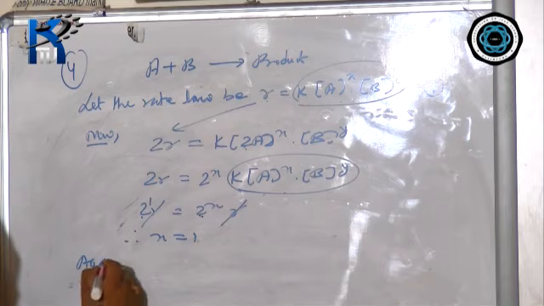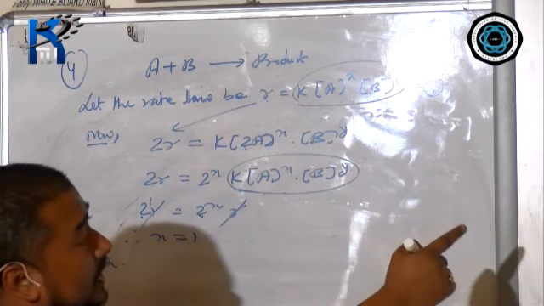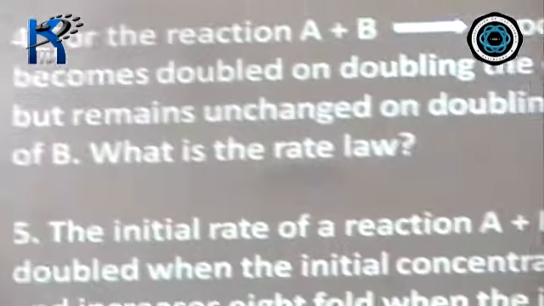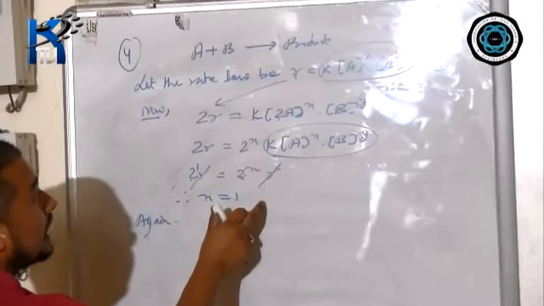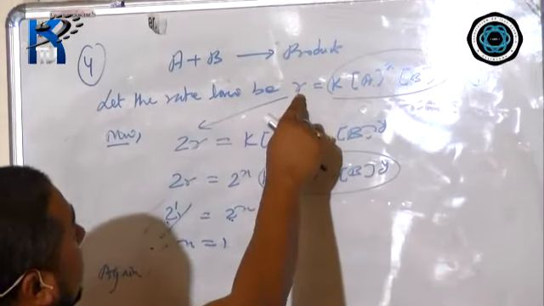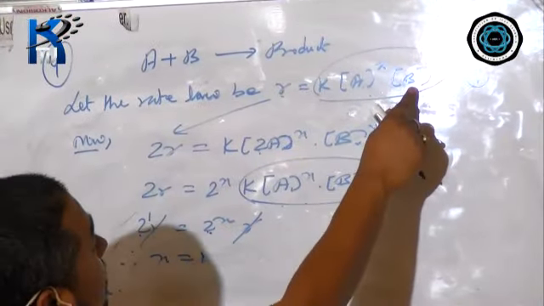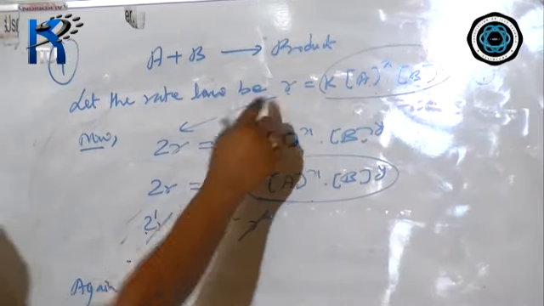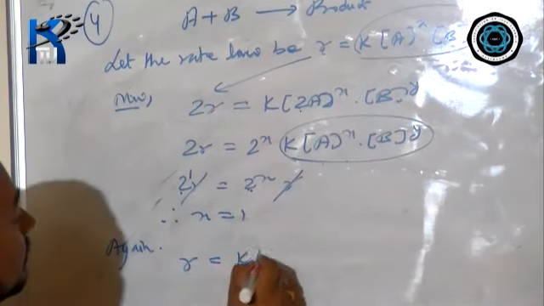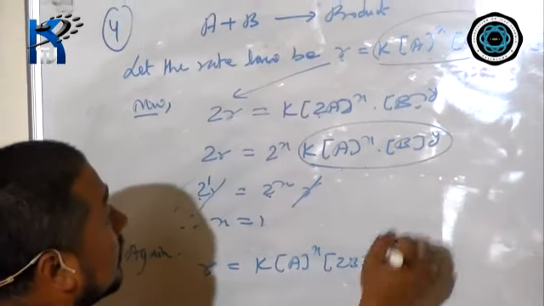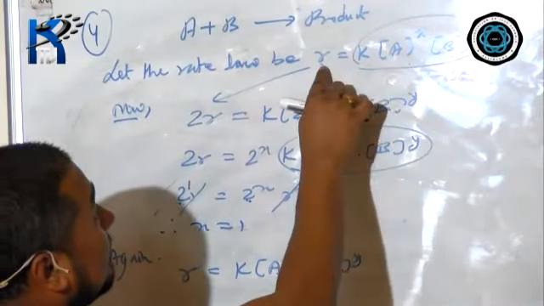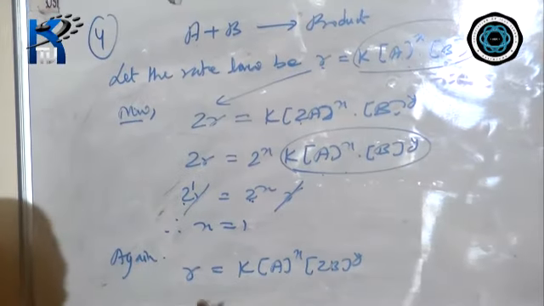Again, now what the question is saying, the rate remains unchanged on doubling the concentration of B. This rate was going to be double when you doubled A; I solved it, I got the answer. Now the second part is saying the rate remains unchanged when you double the concentration of B. So the rate is going to remain the same when you double the concentration of B, as the question is saying.